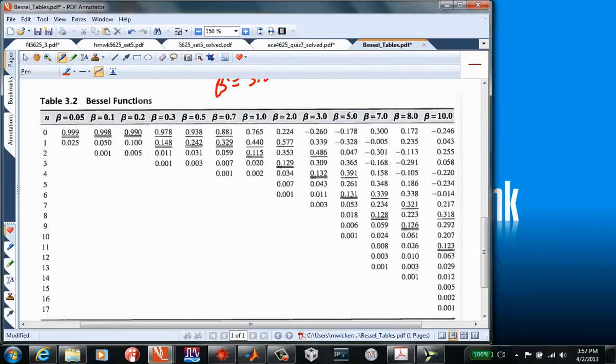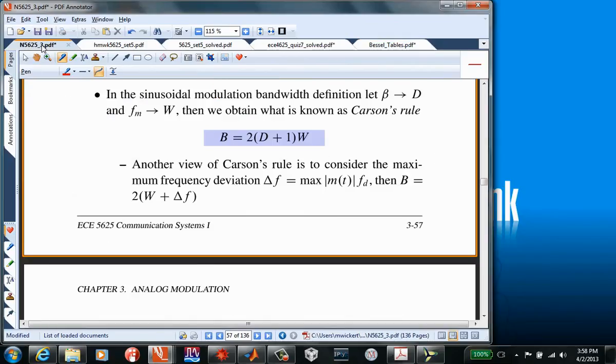And that, of course, means both sides, so from symmetry both sides. And that's 70% of the total power contained in those sidebands. We're going to see how that calculation works here in a second. So you can write notes on that and have that on that sheet if you want to.